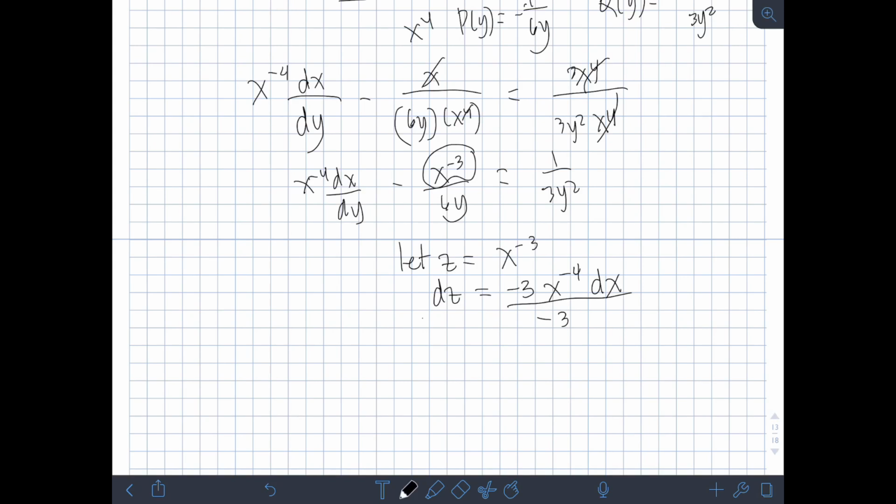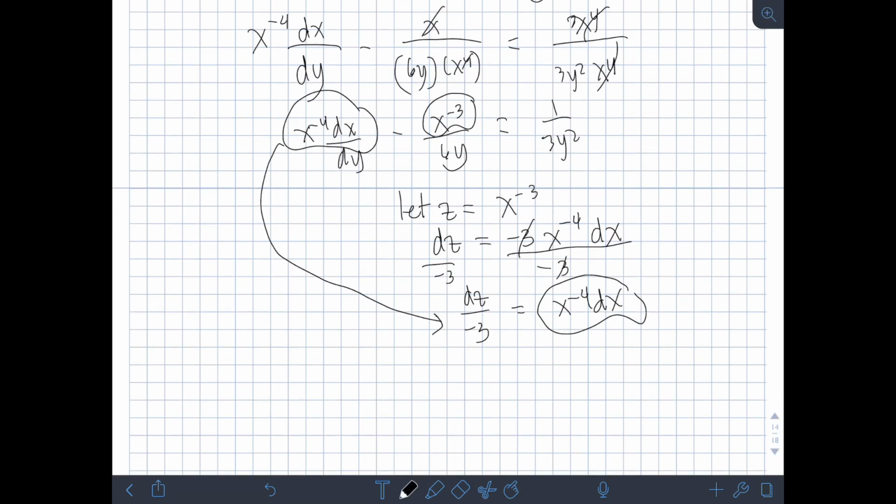Divide both sides by negative 3, we have dz over negative 3 is equal to x raised to negative 4 dx. So, ito yung x raised to negative 4 dx, papalitan na natin siya nito, dz over negative 3. So, we have dz over negative 3 dy, minus x raised to negative 3 ay z na siya, over 6y copy lang, equals, copy lang din yung 1 over 3y squared.